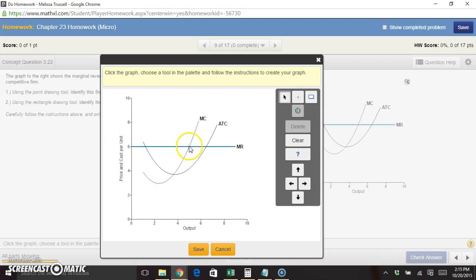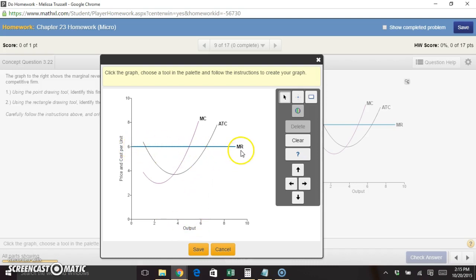So it cost us $6 more to produce 5 products than if we had only produced 4, because the cost of that 5th one is the marginal cost at 5, which was about 6.